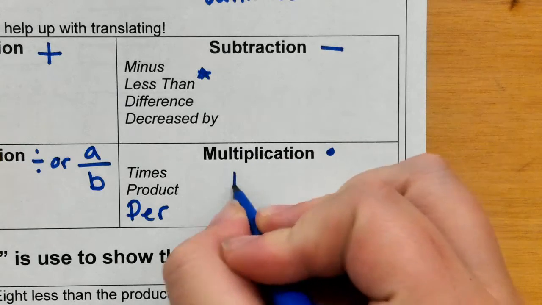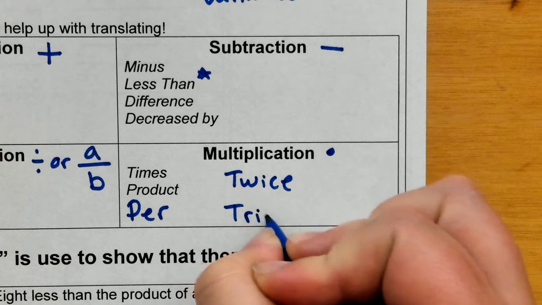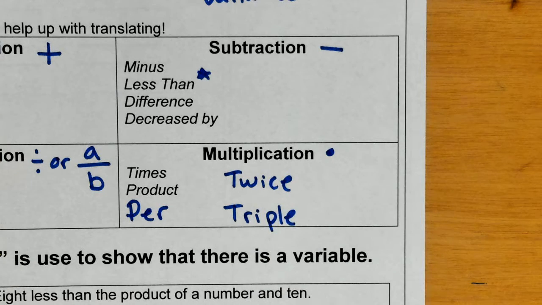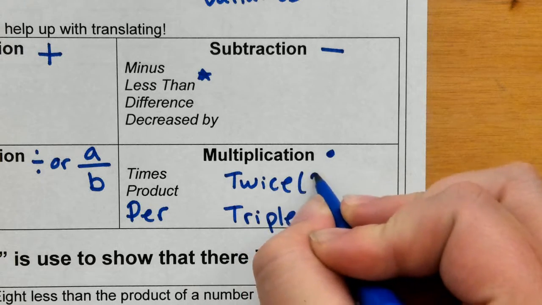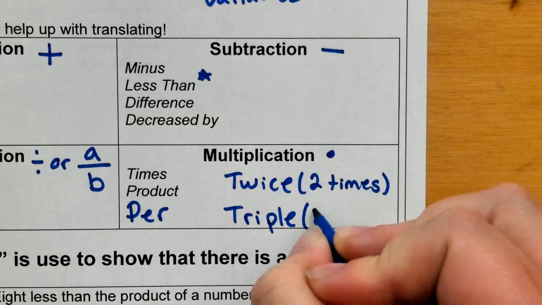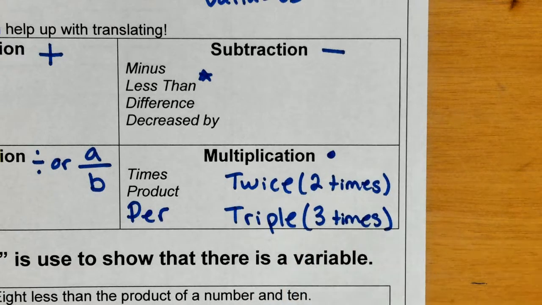You might also see words like twice or triple. And these are both two really special words that mean a particular type of multiplication. Twice just means 2 times, and triple means 3 times. So those are what those words use.